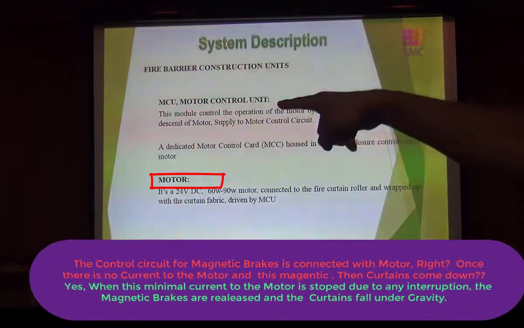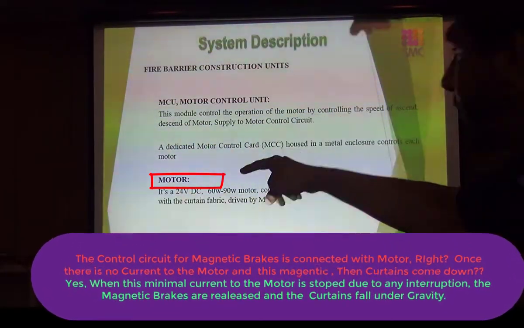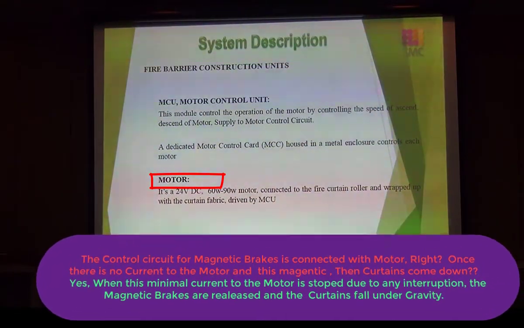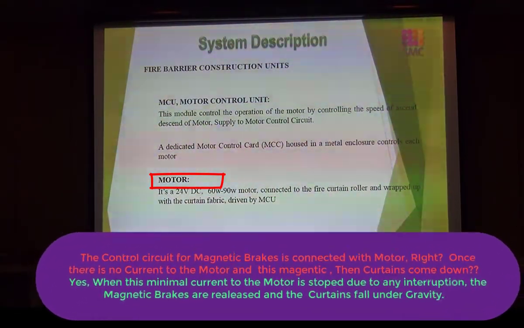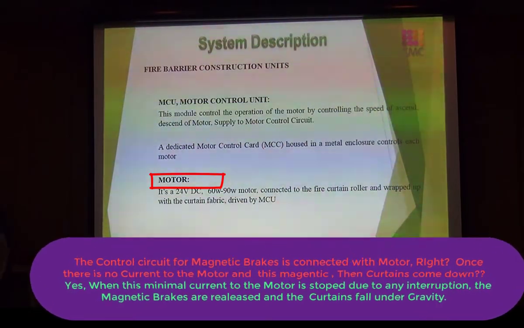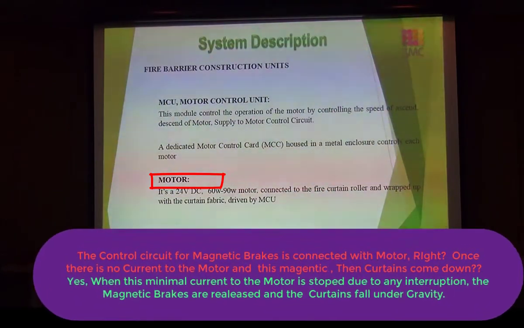This is the motor control card. The motor is controlled with this. Inside there is a circuit that senses the current load on the motor, and it is interfaced with this.